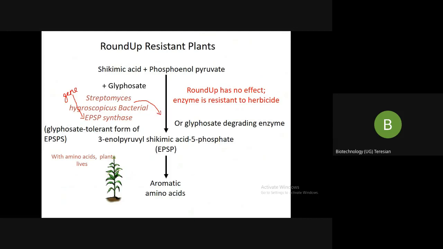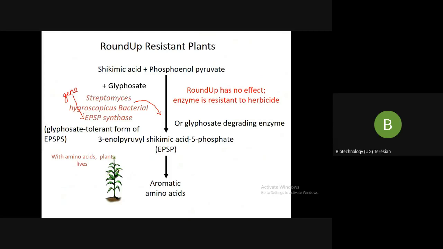So once we put it into the crop plant, what happens when you spray this Roundup? Roundup has no effect. The enzyme is resistant to the herbicide. So this bacterial EPSP synthase is resistant to your Roundup or to your glyphosate. So even though you spray, my plant will not die because it is carrying the resistant gene from this Streptomyces.